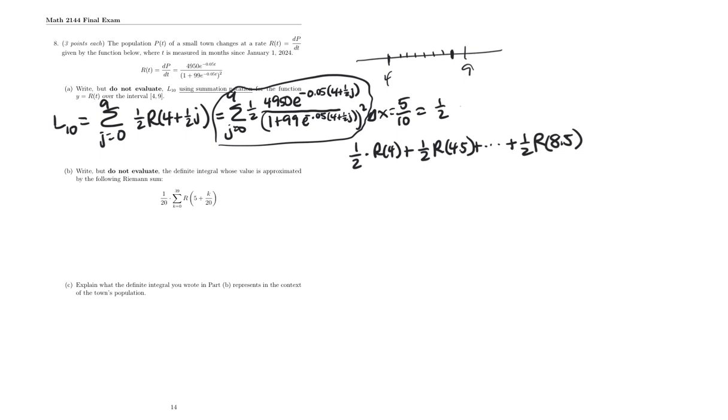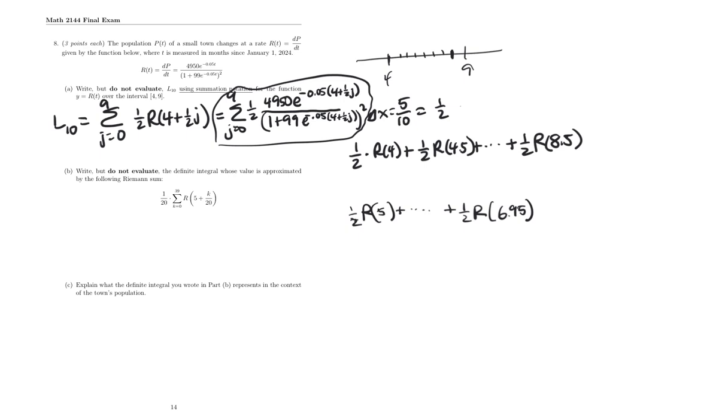For the next one, I'm supposed to write which definite integral is approximated here. So I want to think about what I get if I plug in these values of k. If I plug in k equals 0, I'm going to get 1/2 r of 5, plus, if I keep going, the very last one I'll get, when I plug in 39, is 1/2 r of 5 plus 39 divided by 20, so 6.95.